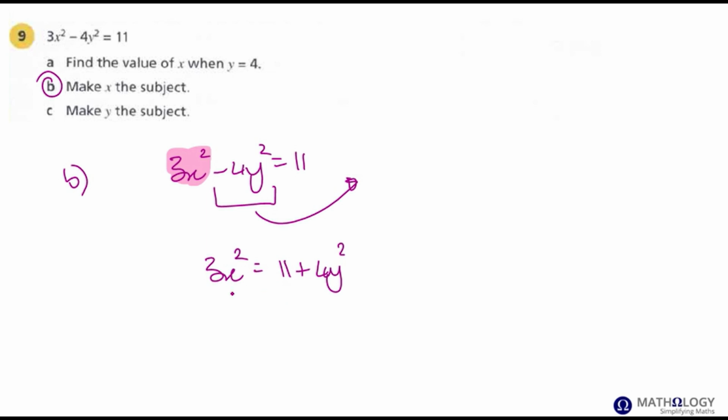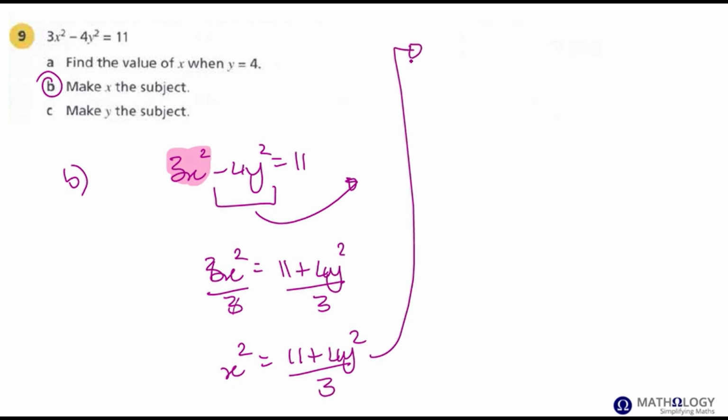X squared is multiplied by 3, so the next thing we do is divide both sides by 3. Then we have x squared equals (11 plus 4y squared) over 3. You should be writing those vertically. You should not be writing horizontally at all. Lay out your work in a very logical manner by writing each line underneath the previous one.